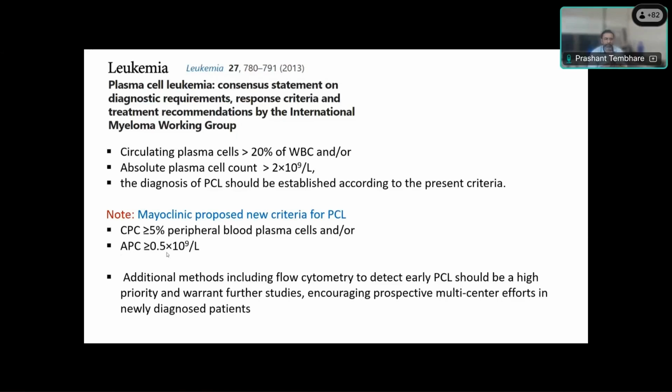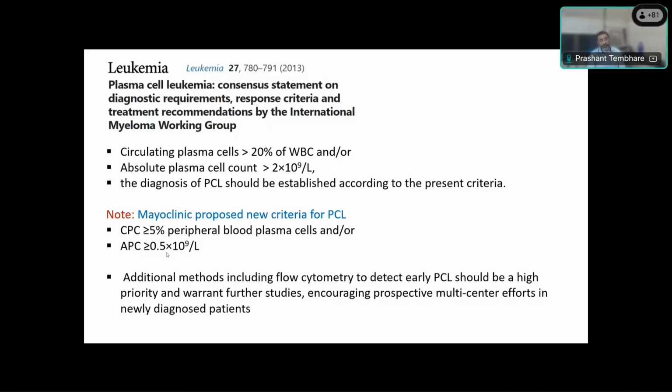circulating plasma cells more than 5% of total WBC, and an absolute count of more than 500 per microliter. Now, important is that, because it is 5% plasma cells, flow cytometry is needed, because many times you can have circulating plasma cells even in chronic, long-term inflammatory diseases.